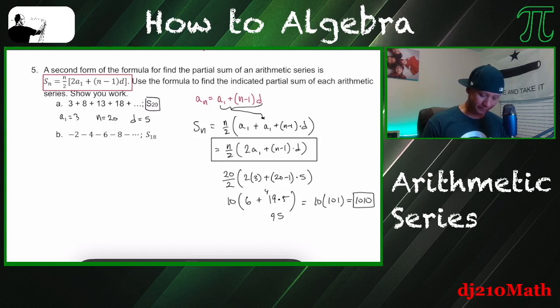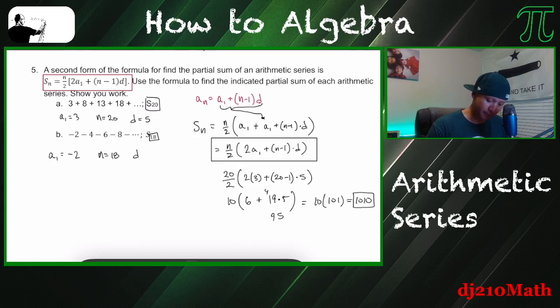All right, looking at B, the last one, same idea. A sub 1 is going to be negative 2. And notice this one's slightly different. There's minus signs, so we're actually going in a different direction. We're going down. So n is equal to 18 because we want to know the sum of the first 18 terms.